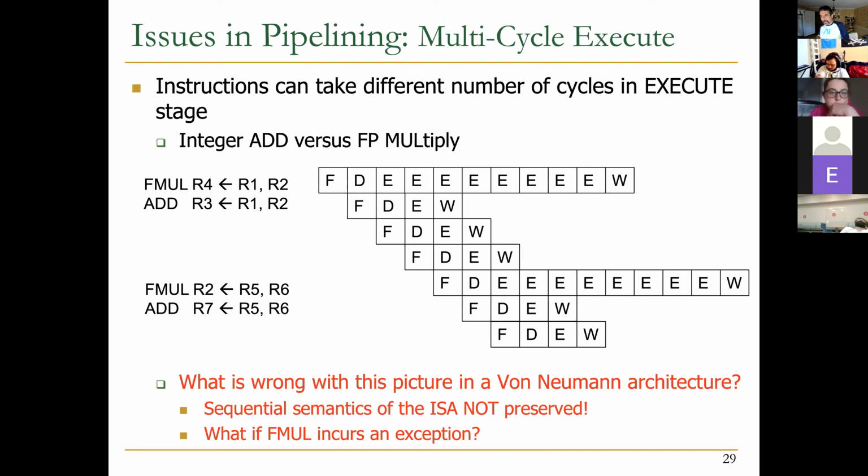There is no way to debug the program, because the assumption is that if this instruction has failed, all the next instructions should not have executed yet, and all previous instructions should have executed already. That is an important property.